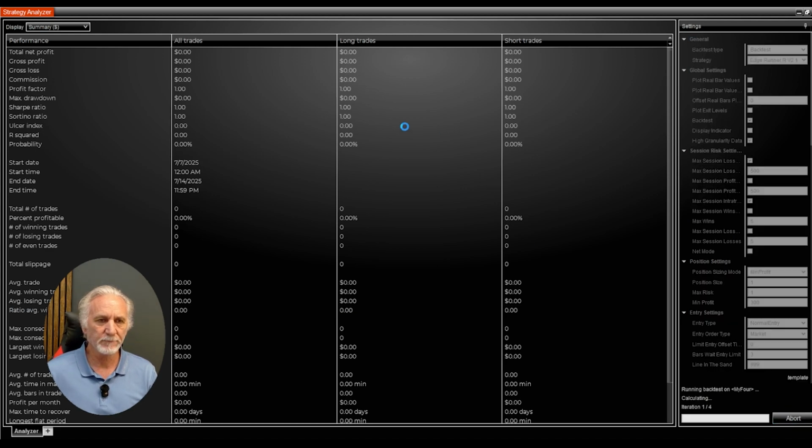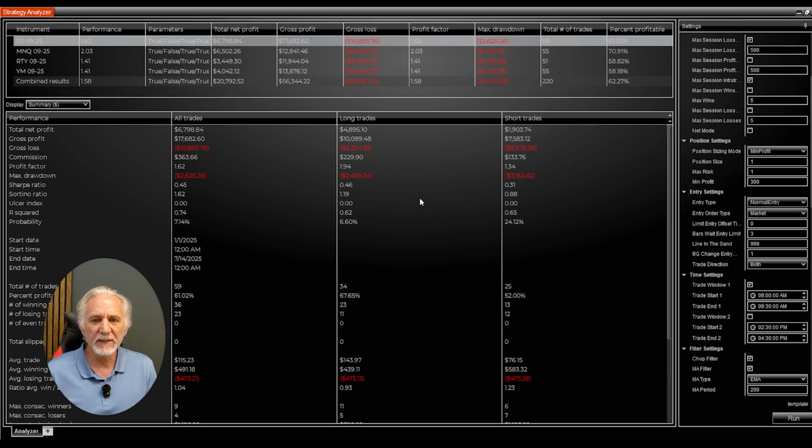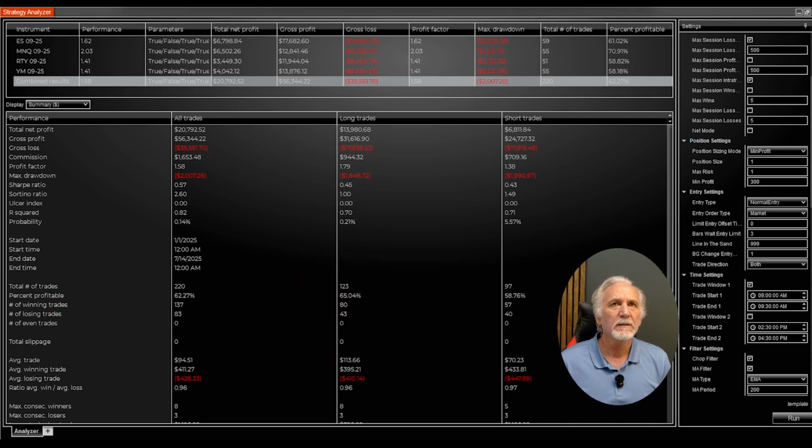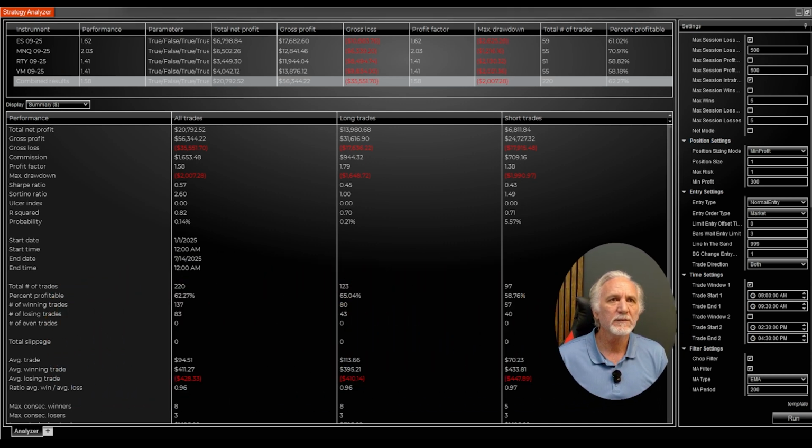So here we go. Run that. Okay, scan's done. Here are our combined results. All right, so from 1/1 to 7/14, today, basically 6 months or so, 21,000.